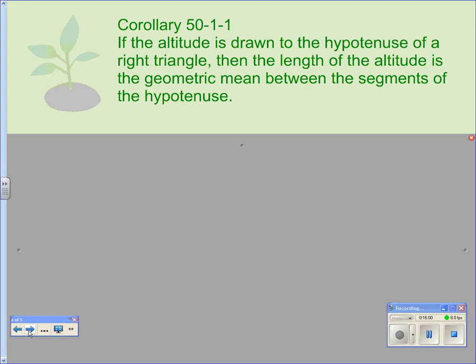The name or the corollary? To what? Hyper.